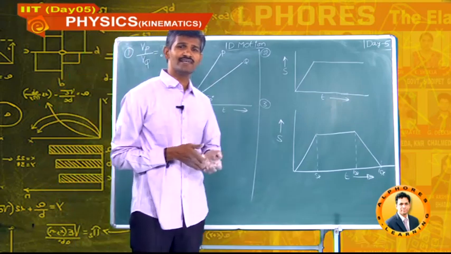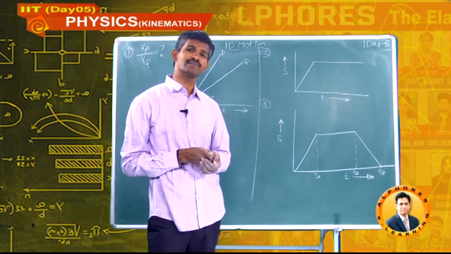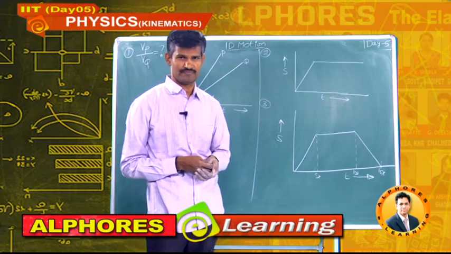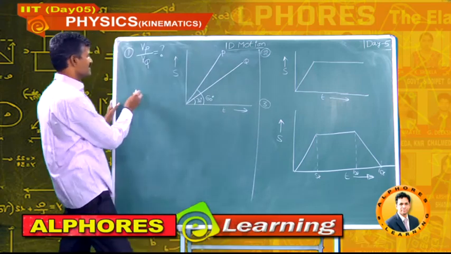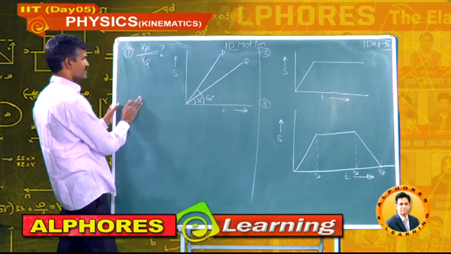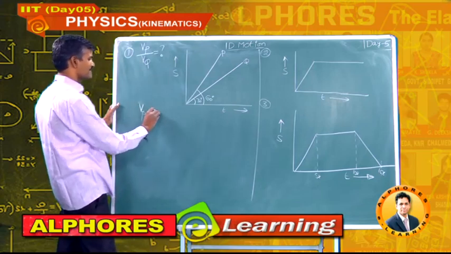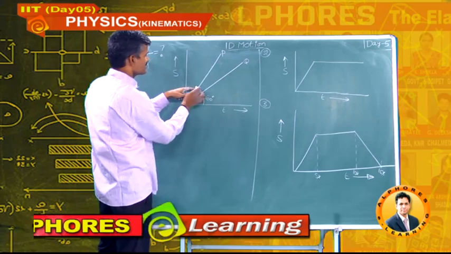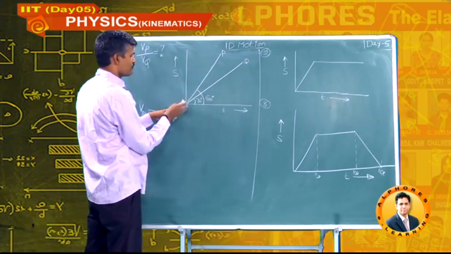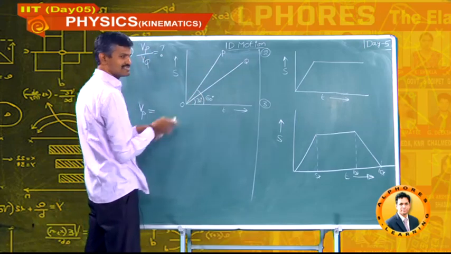We know that the slope of the displacement time graph gives the velocity. The velocity of P is the slope of line OP, which is tan 60.